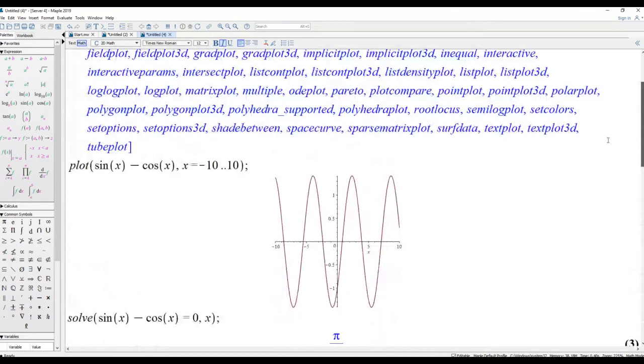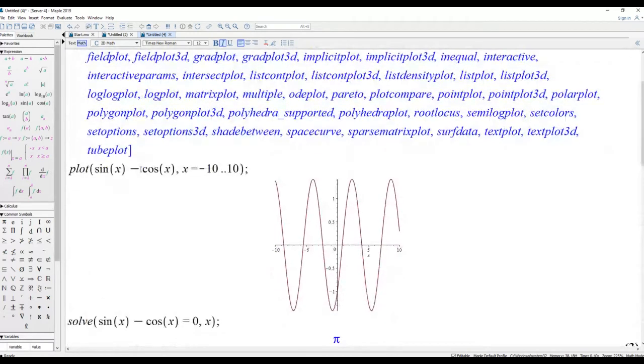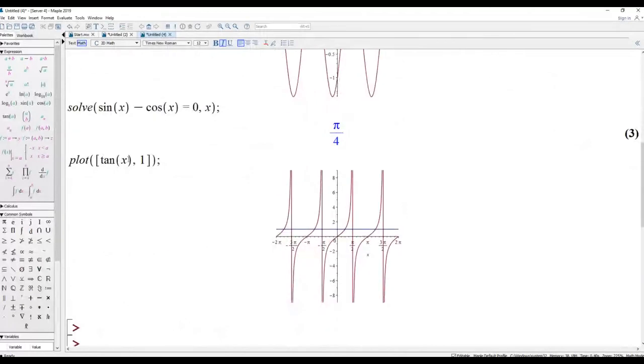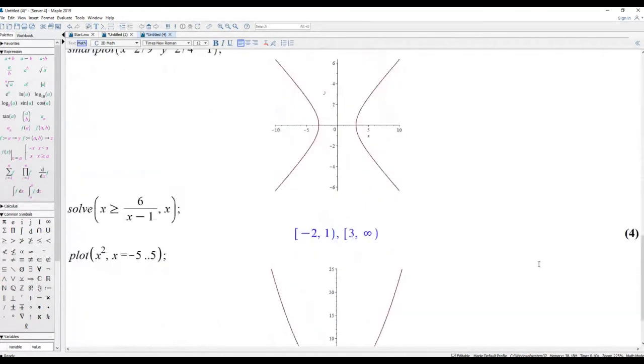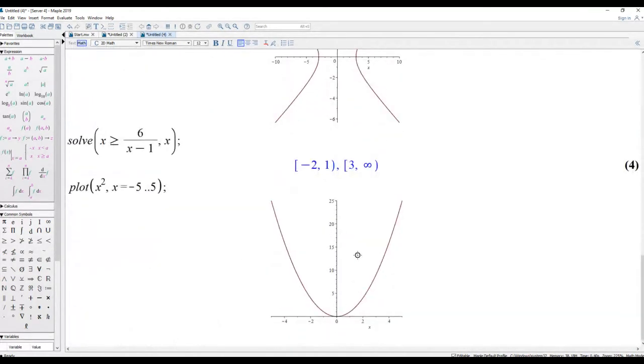So I've drawn a few graphs here. So here I've drawn sine x minus cosine x to look for the zeros. Here I've drawn tan x and 1 just to put them on the same graph. You've got the square brackets there. So 2 graphs on the one curve. And here's a really basic one. So plot command is one of the simplest things you can put in.